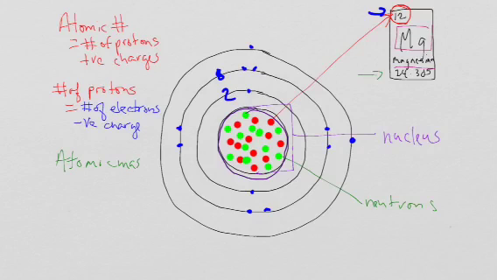And that mass is the mass of the nucleus. It is the mass of all of the protons and neutrons. So in the case of magnesium, my atomic mass is 24.305.